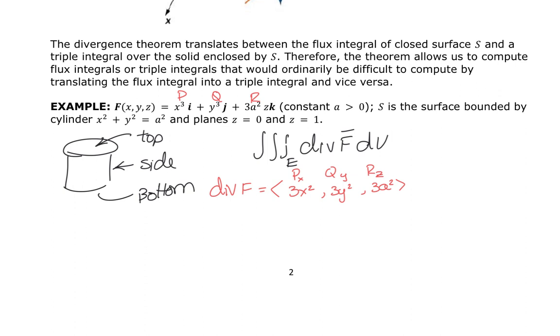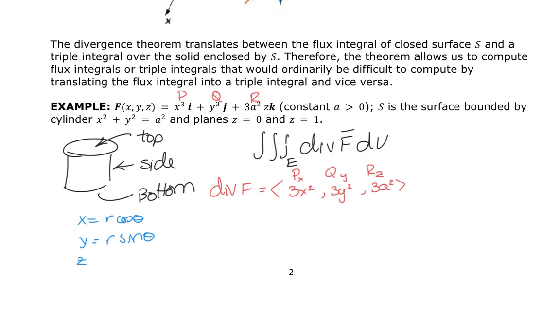Now I have to figure out how I'm going to relate this divergence and this surface that I'm being bounded by. So I'm going to use the parameters that we're usually using, which is x equal to r cosine theta, y equal to r sine theta, and of course z equal to z.